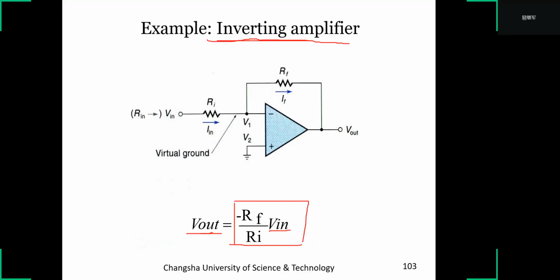If RF, this resistor, is equal to this resistor, we can get Vout equal to minus Vin. So Vout and Vin are different in sign, so we call it an inverting amplifier.